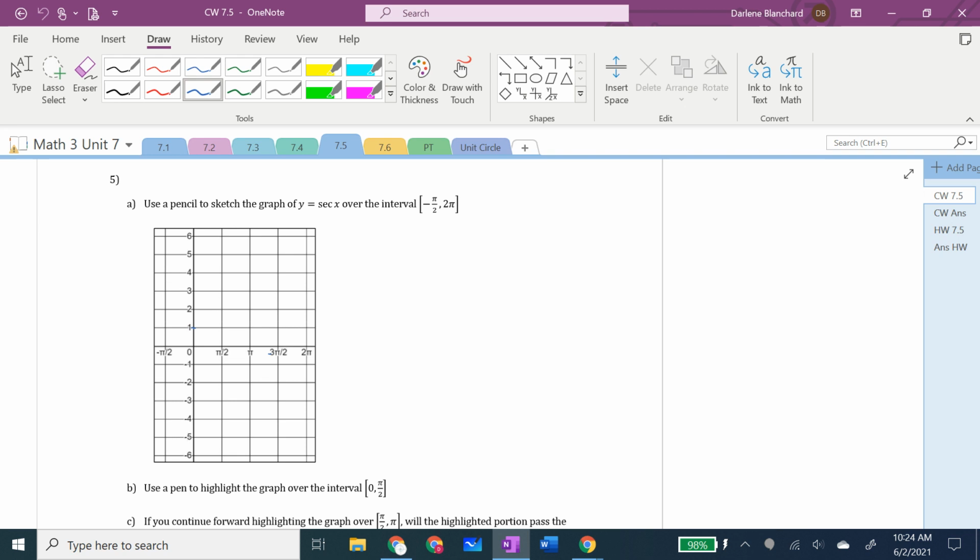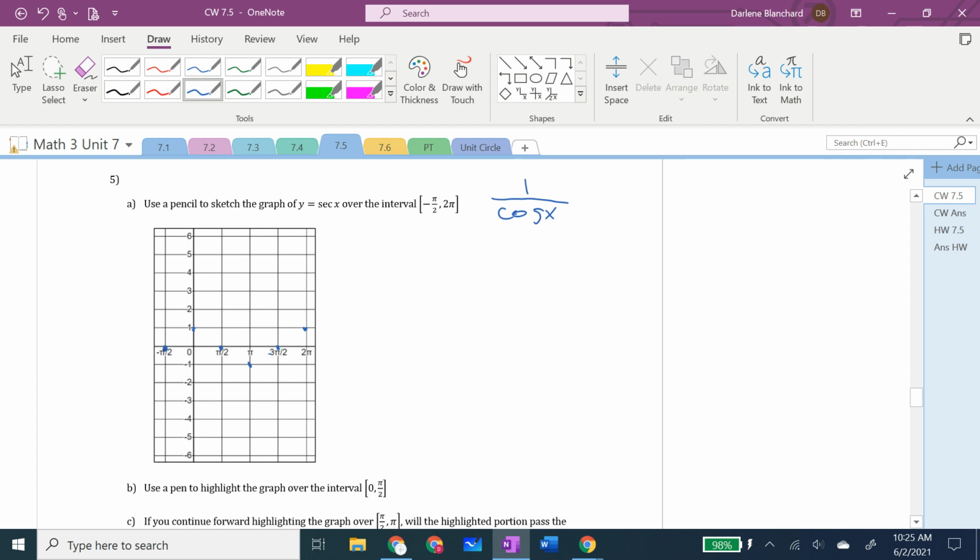Anyway, when you go to graph secant, you want to remember that secant is 1 divided by which trig function? Everybody, which trig function? Secant is 1 over cosine. So if I remember what cosine looks like, it goes through those points.